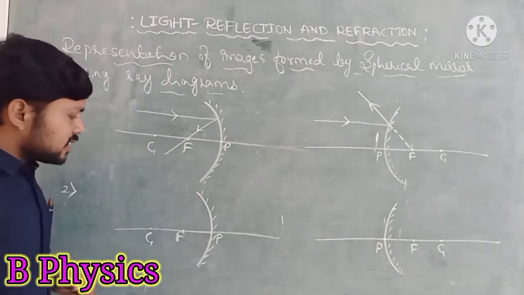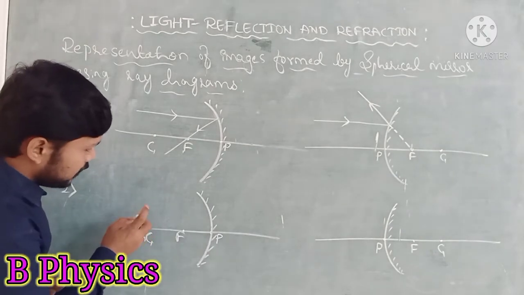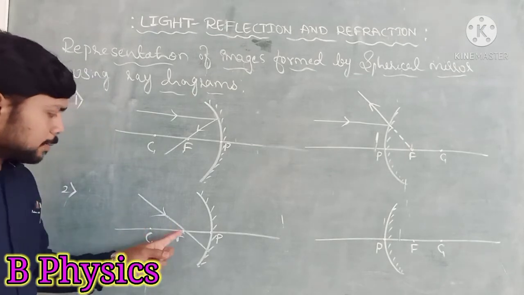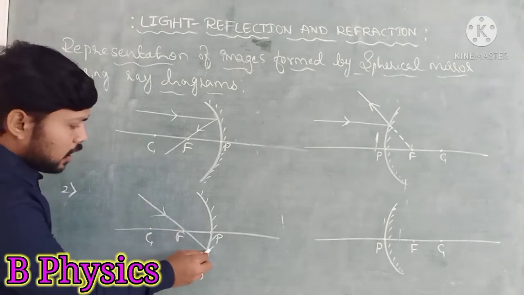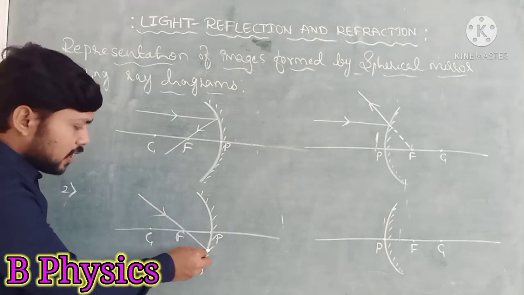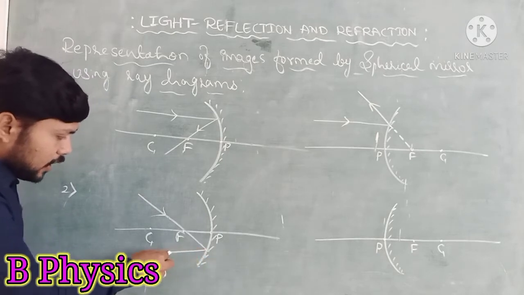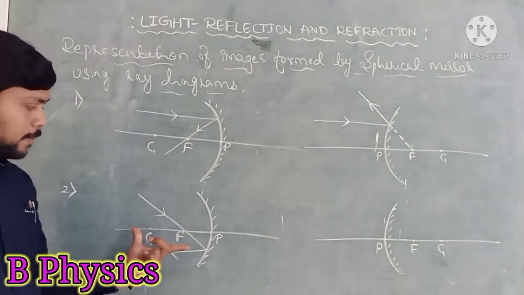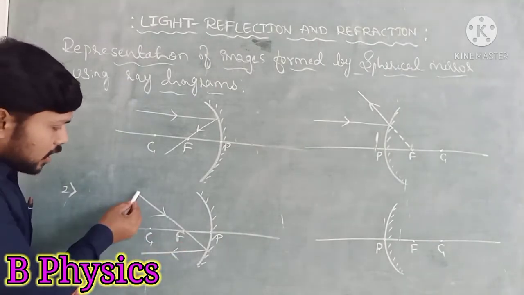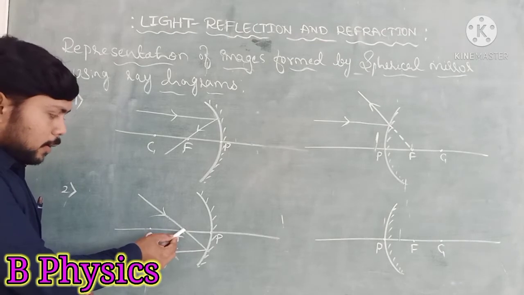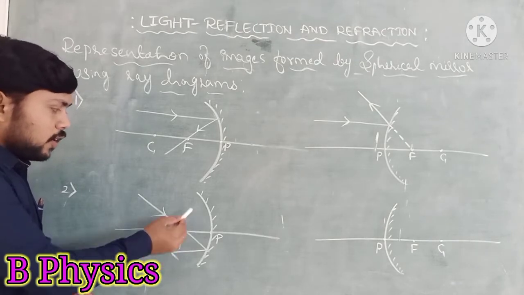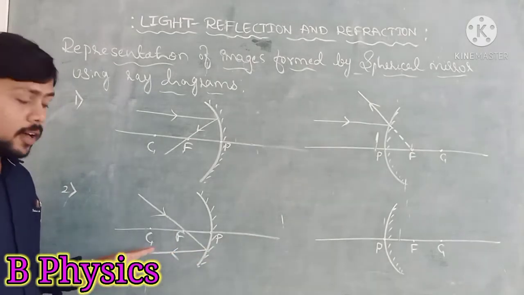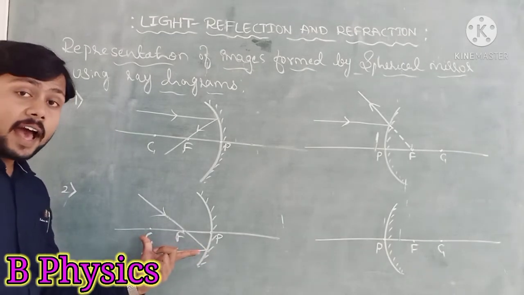The second rule says that a ray of light which is passing through principal focus of concave mirror, after reflection will emerge parallel to principal axis.